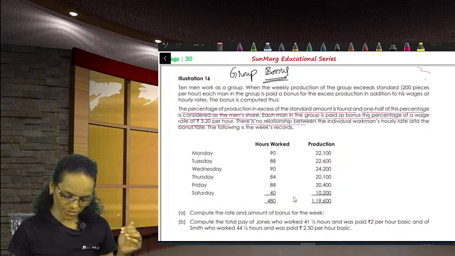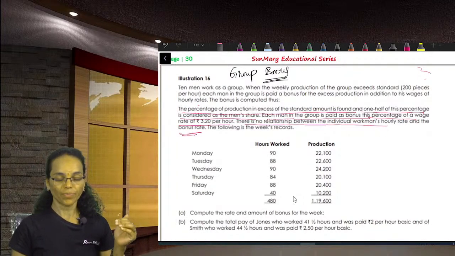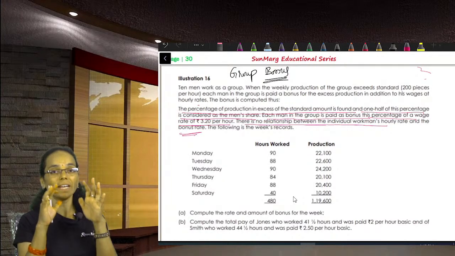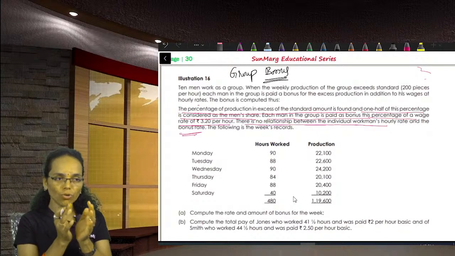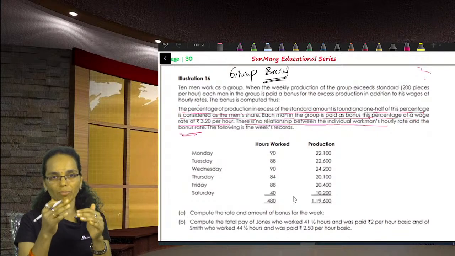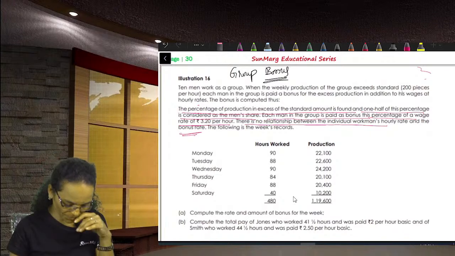There is no relationship between the individual workman's hourly rate and the bonus rate. Means it is not considered on individual performance, it is considered as group performance. When group performance exceeds the standard performance, then group bonus will be given.